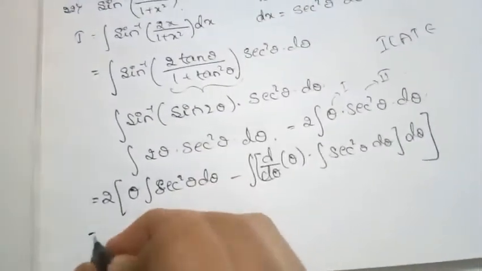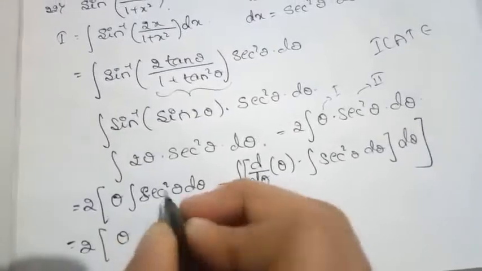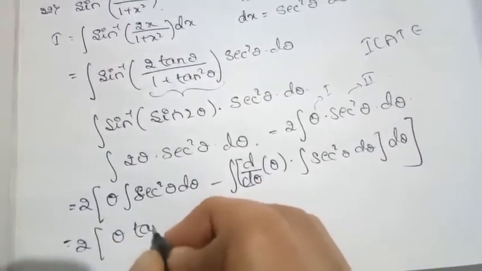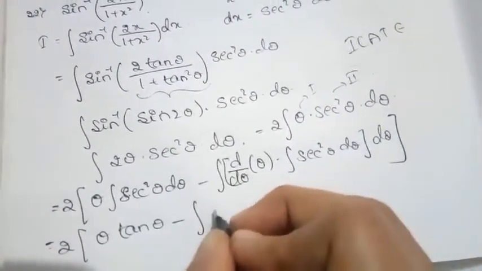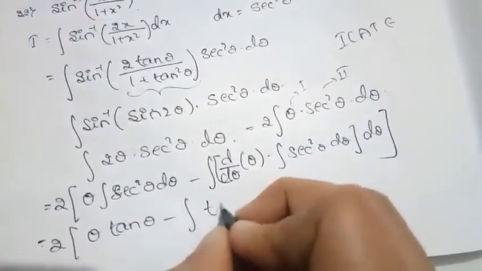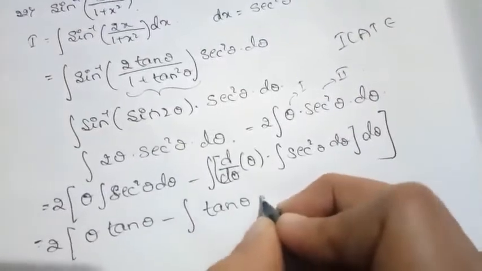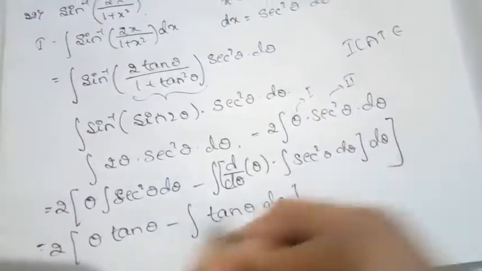So we got this. The integration of secant square theta is tan theta, minus the integration of 1, since the derivative of theta is 1, into tan theta d theta.